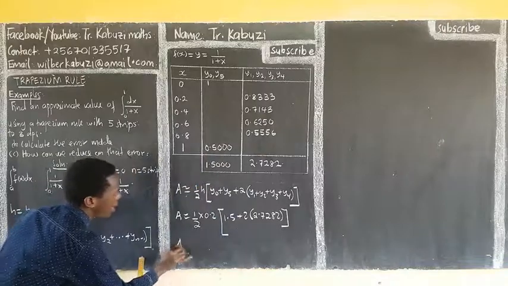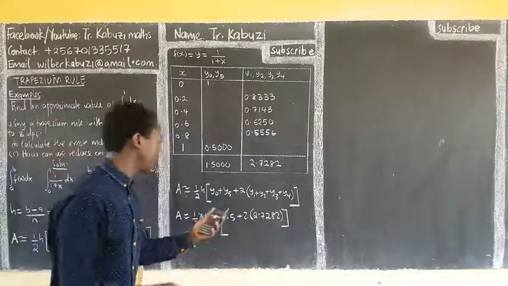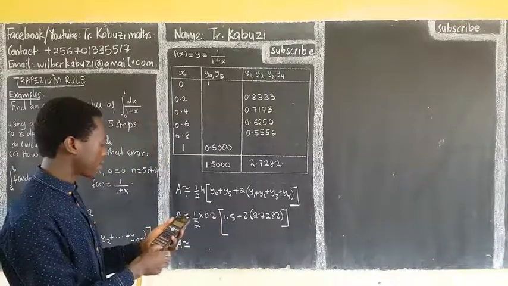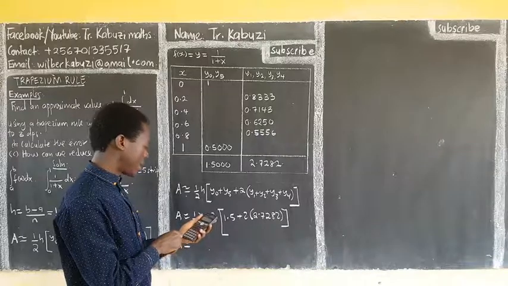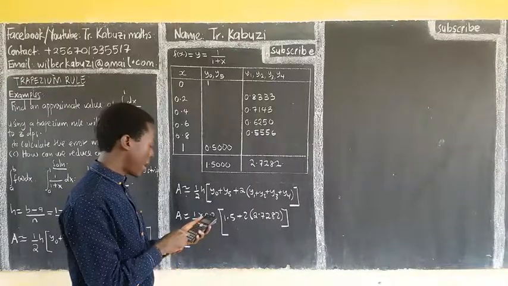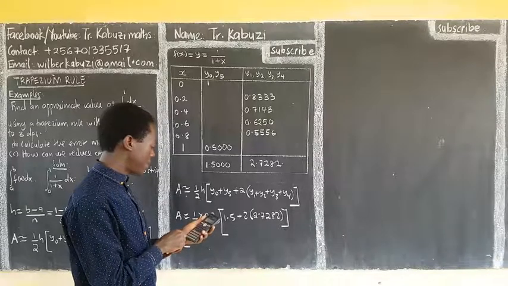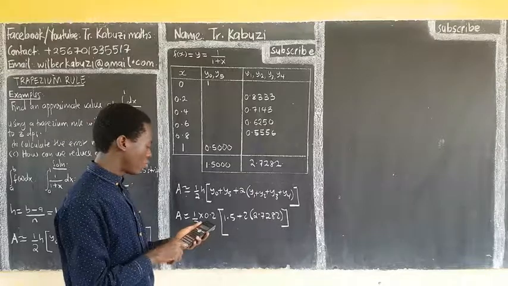Then our value here is going to be an approximate. What you do, you first get this, then multiply it by 2. Then after the answer, you add that, so plus 1.5. Then the answer, you multiply times 0.2. Then the answer, you divide by 2.